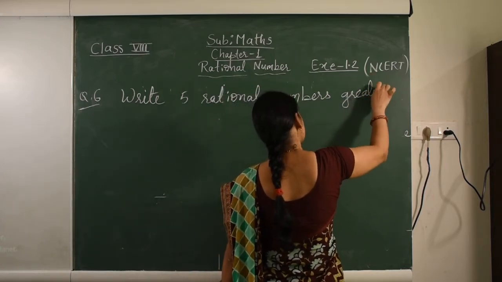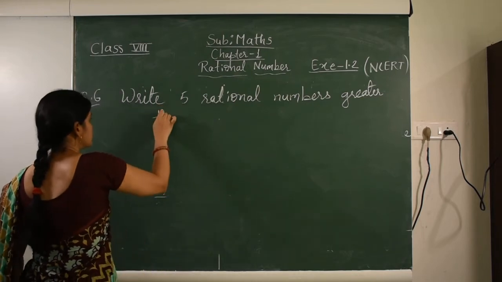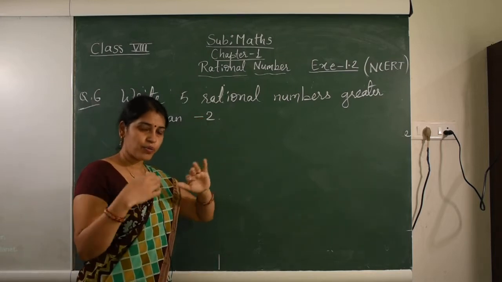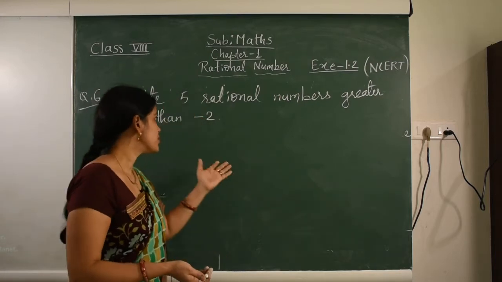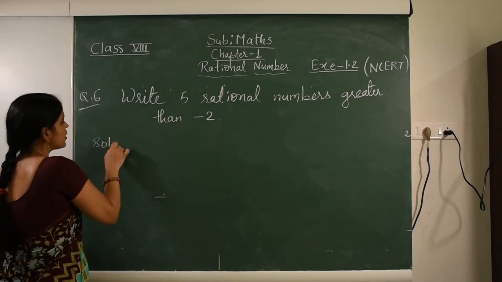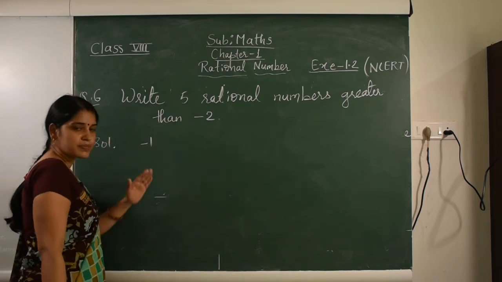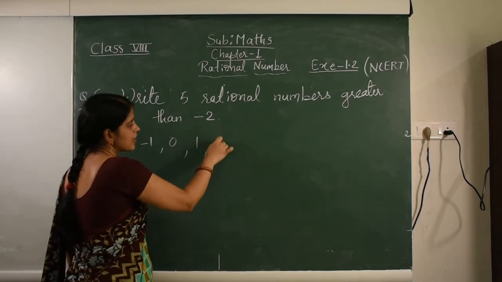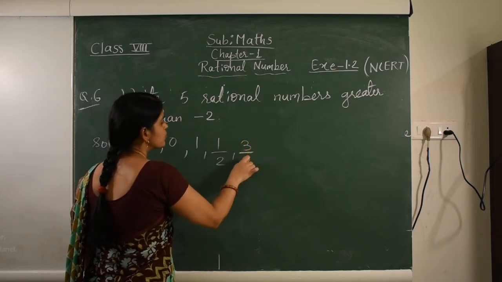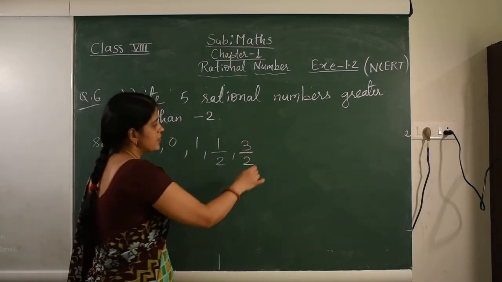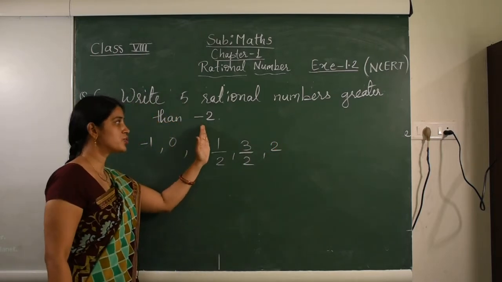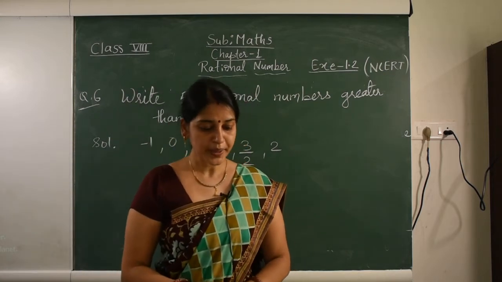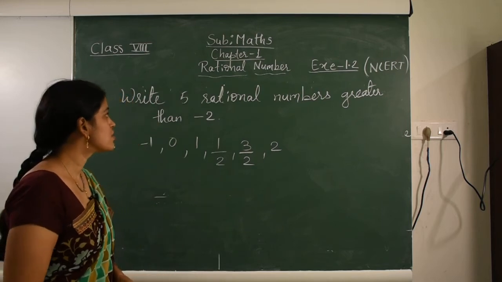Greater means bigger, those which are bigger than minus 2. Since it is a minus sign, all positive numbers are greater. What will positive numbers be compared to it? Bigger. For example, minus 1 is bigger, 0 is bigger, 1 is bigger, half, 3 upon 2 and so many numbers which are greater than minus 2. You can take any 5 rational numbers. Okay, so this question is also over.